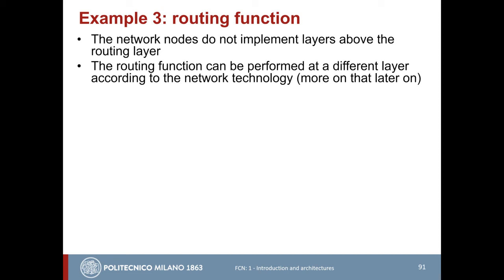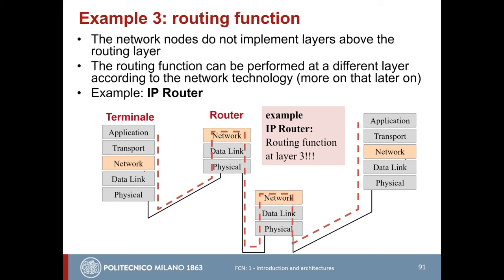So in an intermediate node, you don't need to implement all the layers. You can just implement the layers up to the layer where you have to implement the routing function. So, for example, in a router, which is the intermediate node of the internet we have already introduced, the routing function is performed at the network layer because the router manages IP packets.